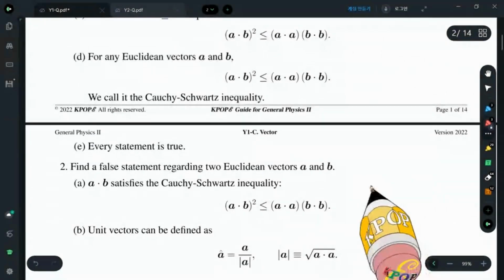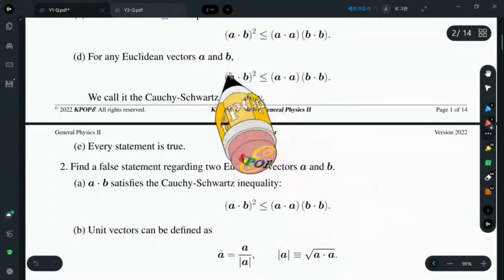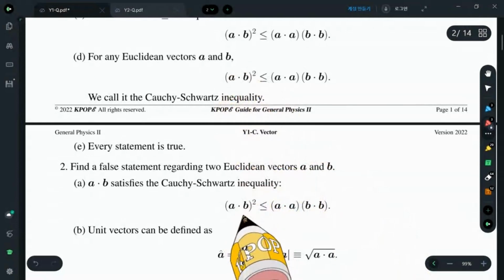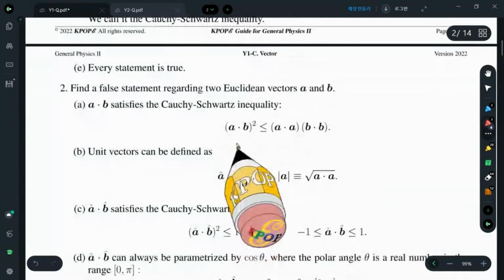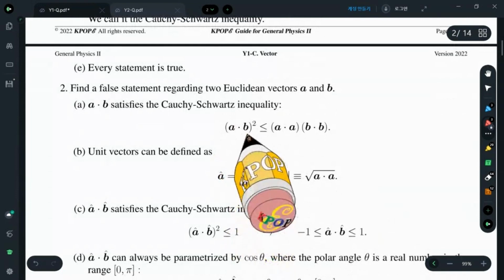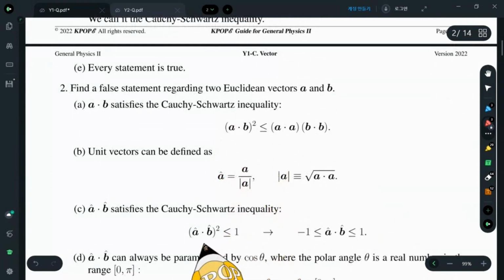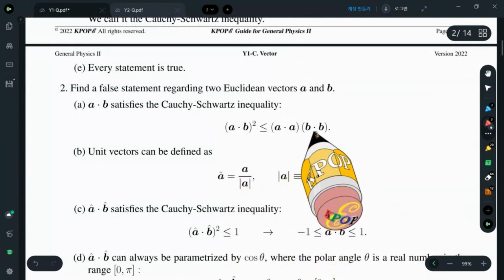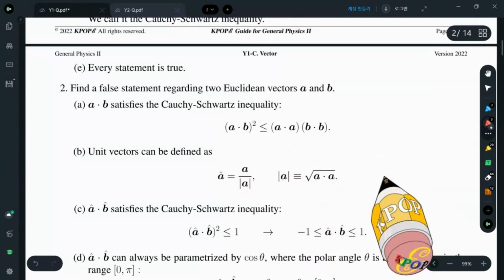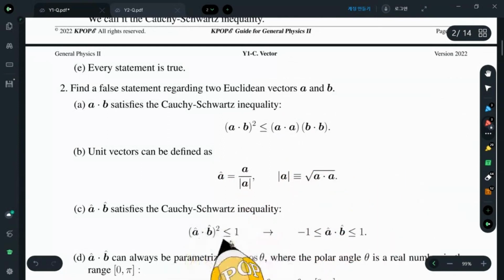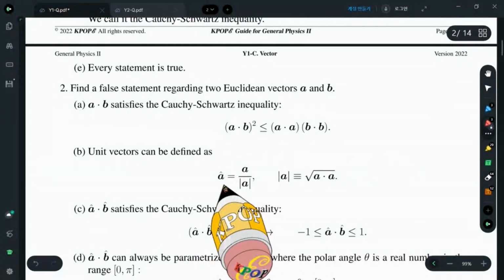So the immediate consequence is that the scalar product of the two Euclidean vectors is always in the region between plus and minus the product of the magnitudes of the two vectors. That is this.